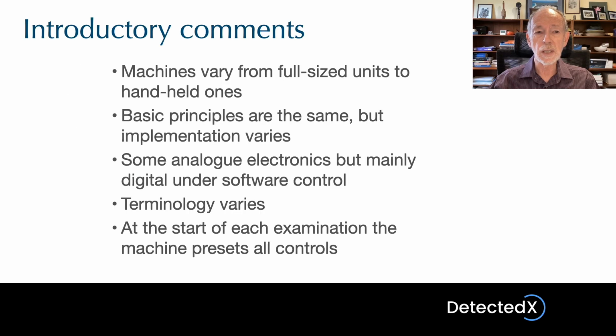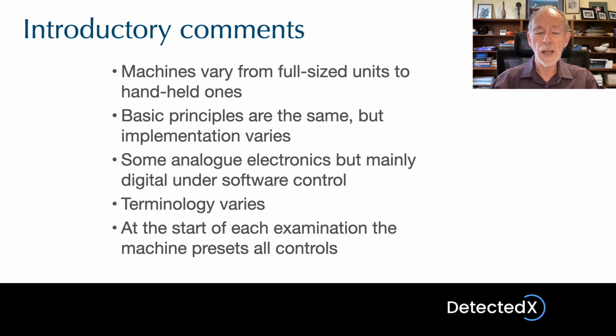So as we've just seen, ultrasound machines vary in size from large full-sized units to very compact handheld ones. The basic principles, as I said, are essentially the same, but the way in which the processing is implemented clearly differs depending on the type of machine.